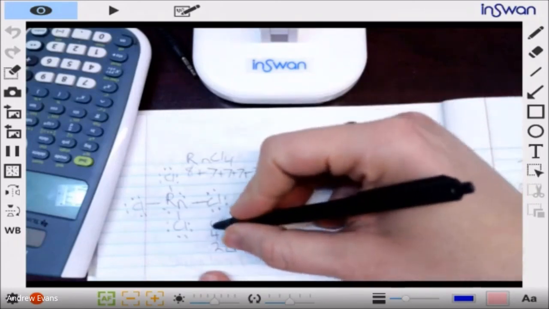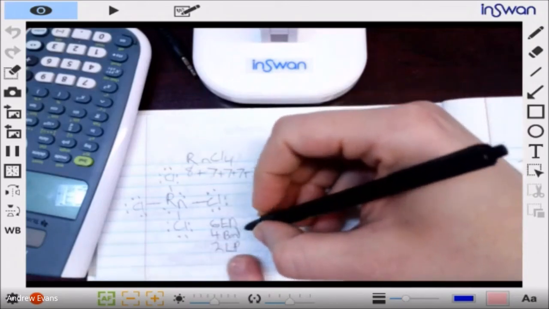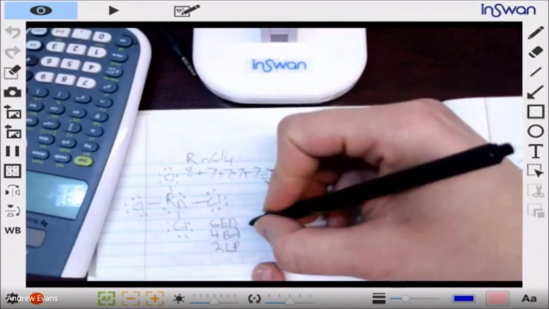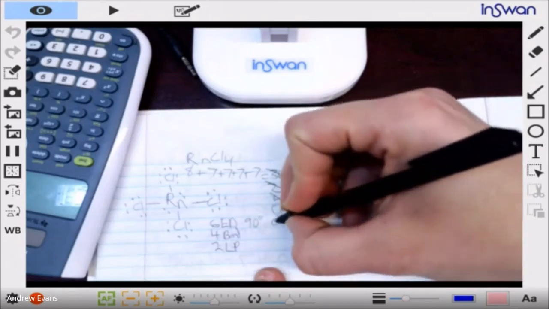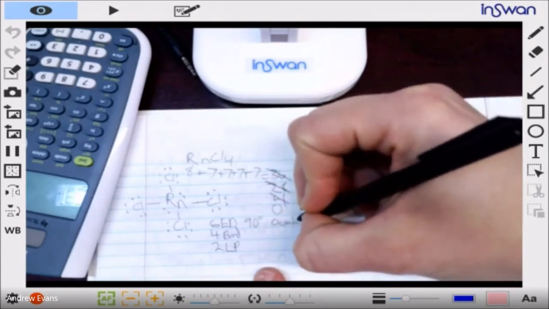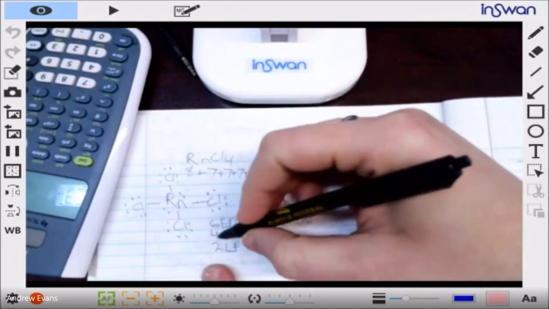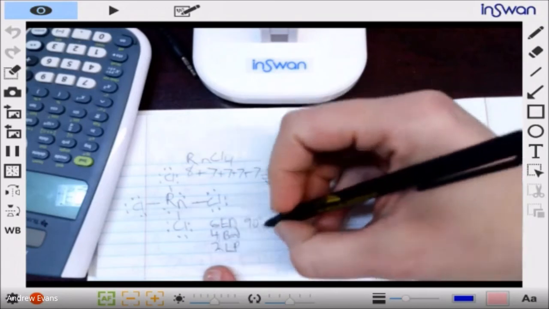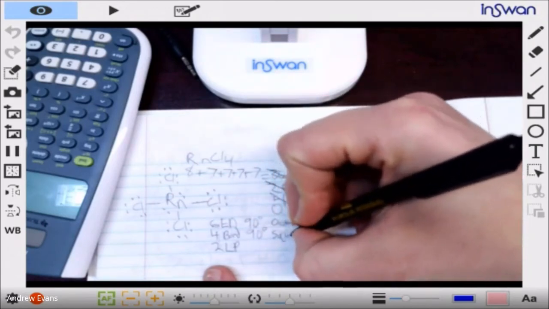Because of the structure here, I remember that the 6 electron domains would be 90 degrees, and it would be octahedral. Four bonds, 2 lone pairs, still 90 degrees, but it would be square planar.